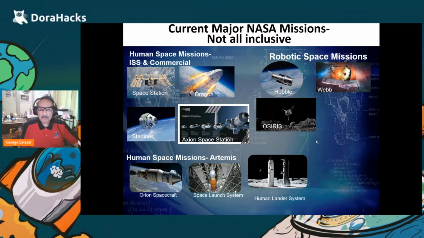It was quite a successful mission. It was quite complex, to go out there several years, rendezvous with it, pick up some samples, and then bring it back to Earth. Parker Solar Probe, understanding and learning more about the sun, is the only human-made vehicle that's ever come close to the sun.